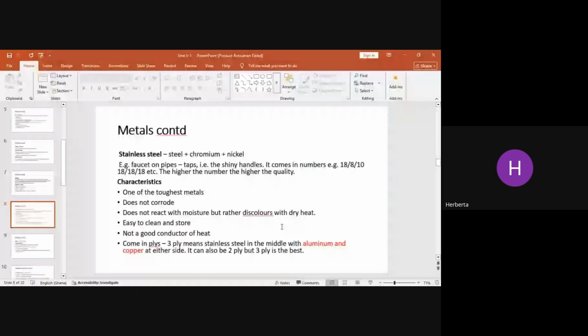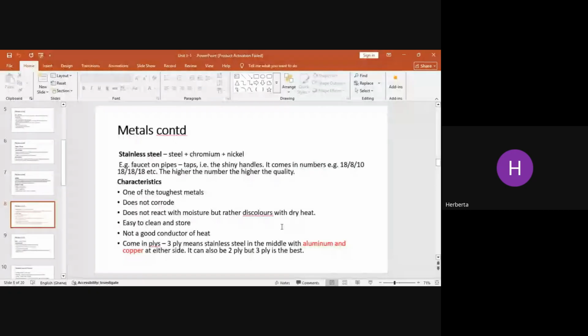If you take the 18/8/10, it means that the percentage of the steel is 18, that of chromium is 8, and that of nickel is 10. So the higher the numbers, the higher its quality.